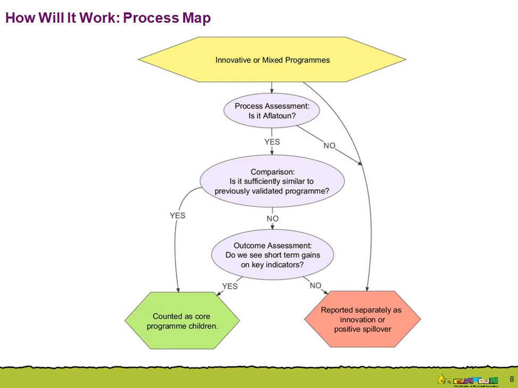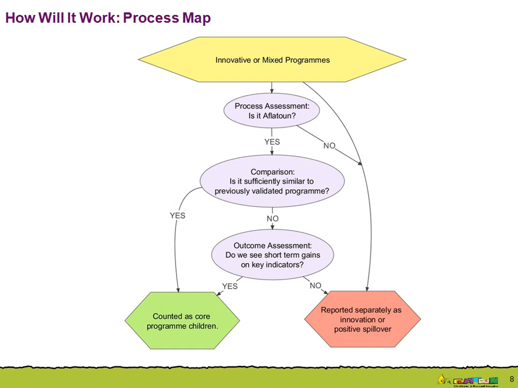So if it is not similar to something else, if it is completely new, then we need to do some sort of outcome assessment, and we need to see if children are getting short-term improvement on key indicators. For us, the most important thing is that kids are learning and that the children are improving their lives. Right?